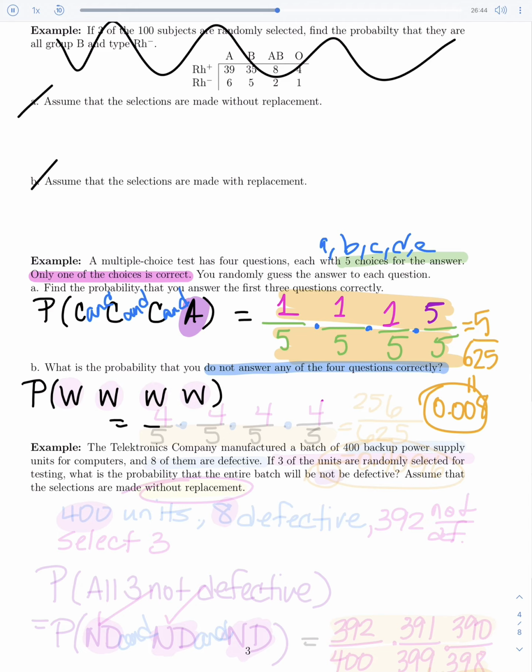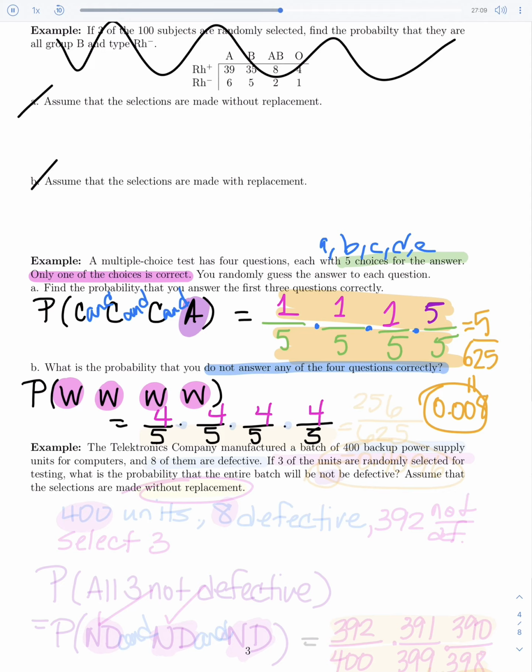Just like before, there are 5 total answers on each question. So there's 4 questions, and each of them has 5 choices. How many of the choices, though, in this case, are actually wrong? Well, there's only one right one, the other 4 are wrong. So that will be 4 out of 5 on each question are wrong.